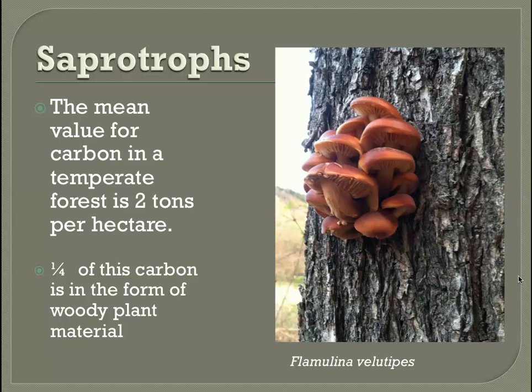decomposers in Unit 2. Here we have a picture of Flammulina velutipes. This is the wild version of a mushroom called enoki. And enoki is an edible. Of course, this wild version is as well. And it's quite prized in Asian cuisines. And it's pretty delicious.